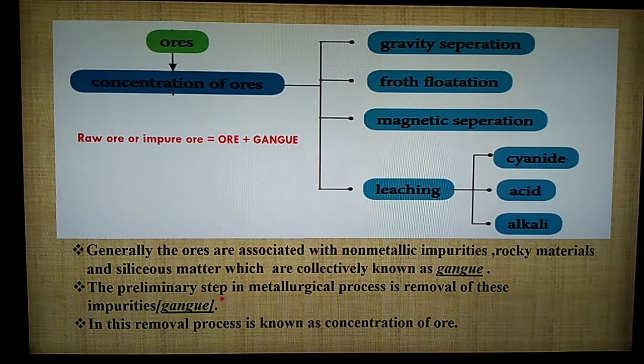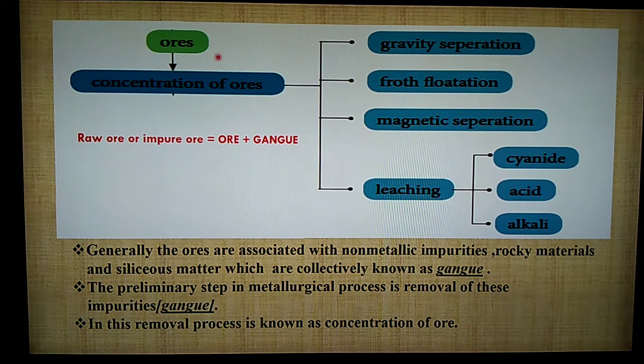For concentration of ore, we have 4 methods. First, the gravity separation process; second, the froth flotation process; third, the magnetic separation process. Such 3 processes are called physical methods. But our 4th process, leaching, is a chemical method. Here a chemical reaction is involved to purify the impure ore. The gravity separation, froth flotation and magnetic separation processes are specific for ores.